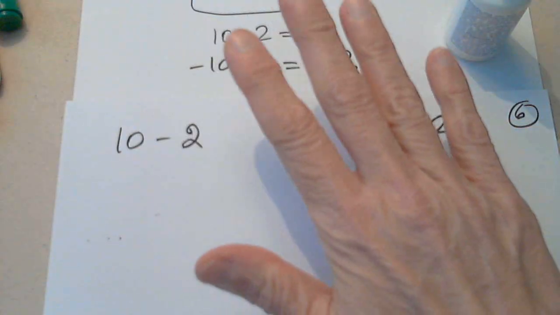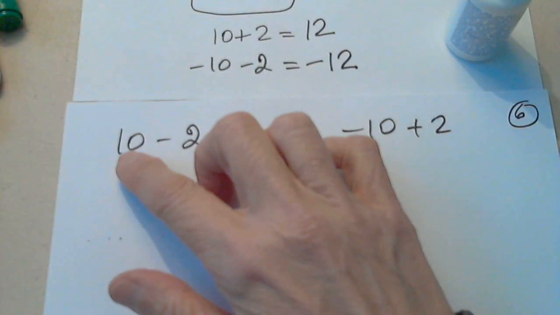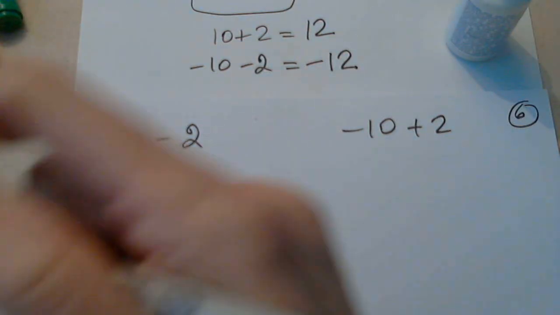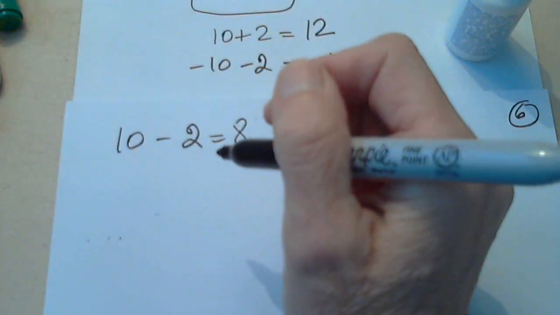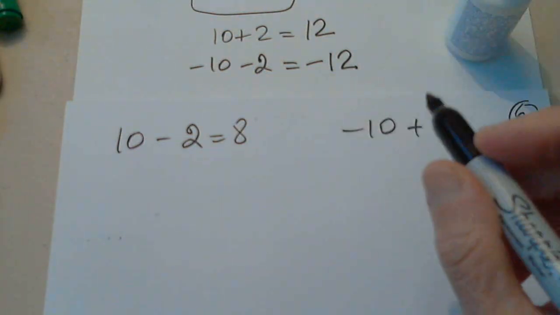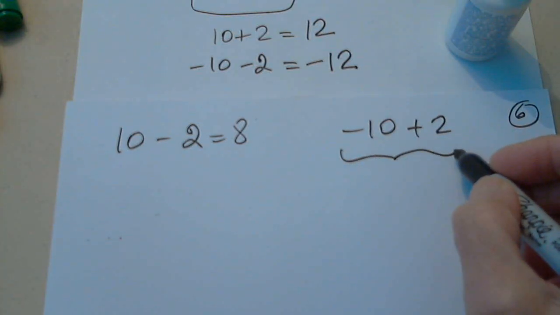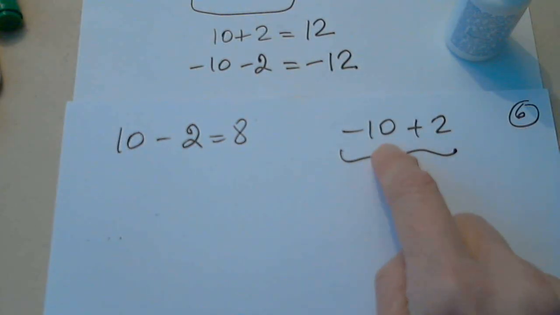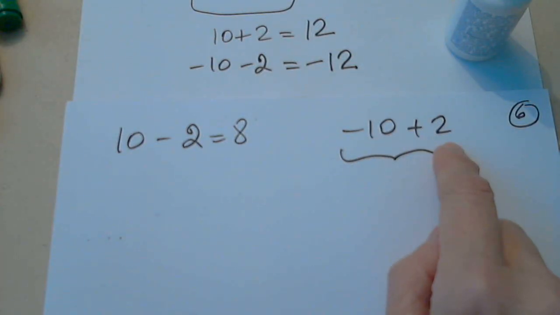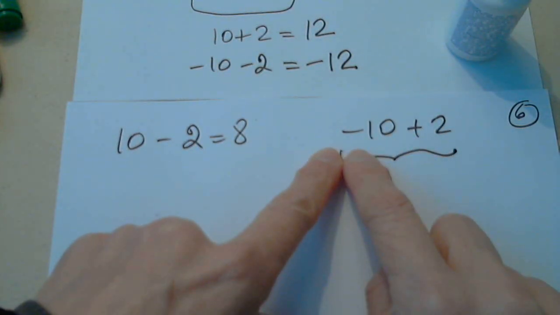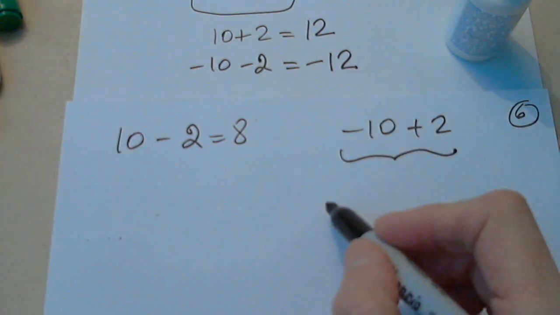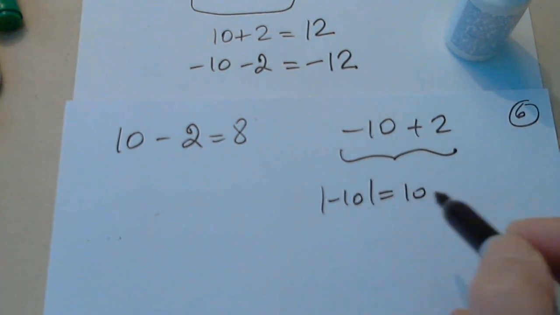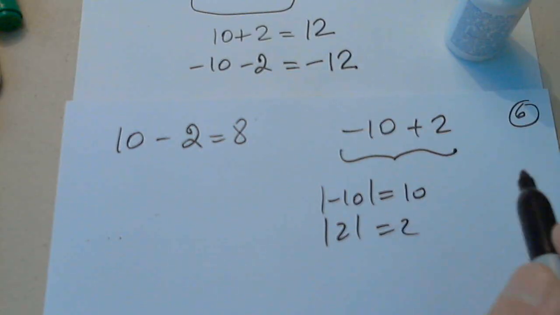Let's analyze this. I have $10 and I give you 2. Once I give you 2, I'm down to 8. Done. But what happens here? I will ask myself, which of these two numbers has more power? Well, -10 has more power than 2. In other words, the absolute value of -10 is 10 and the absolute value of 2 is 2.